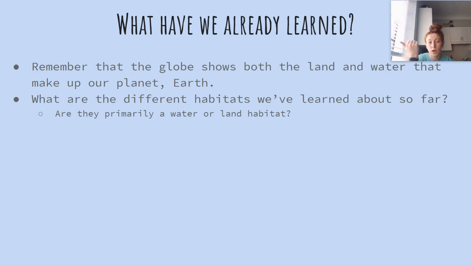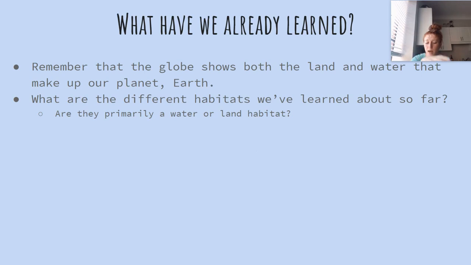We've learned about the Arctic, the Sonoran Desert, the East African savanna, the temperate deciduous forest, and the tropical rainforest, right? Now, those habitats, are they mainly land or mainly water habitats?